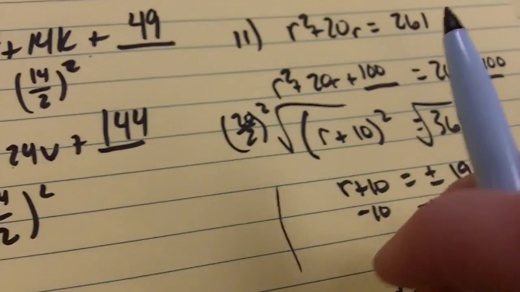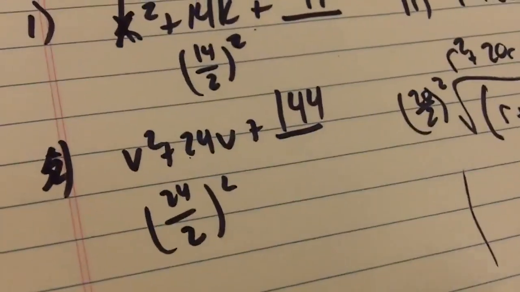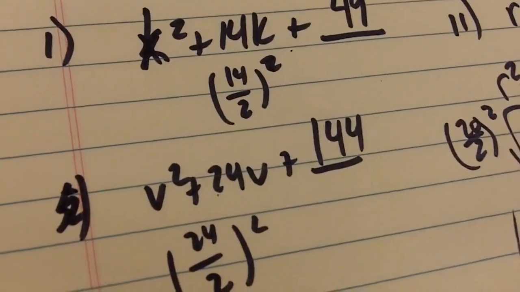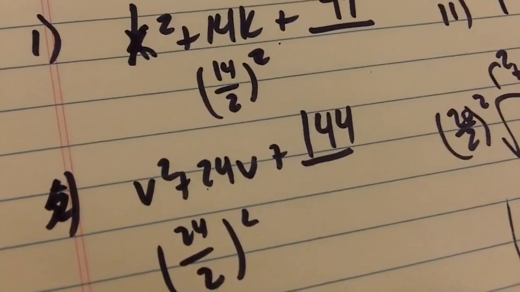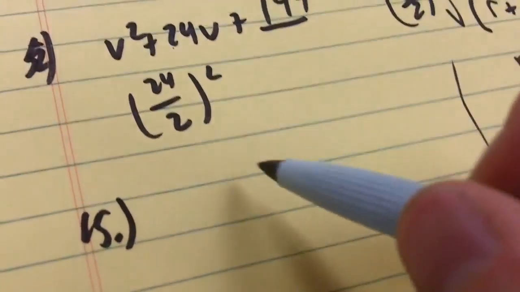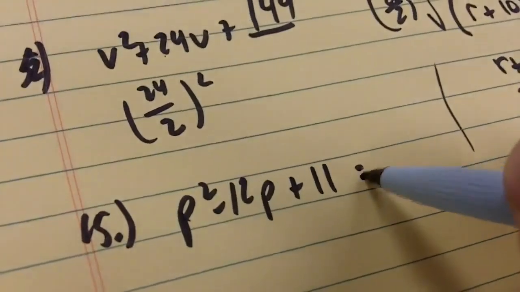We can do more of these. You also had to do number 13 and 15. How about 15? Because I didn't do that one either, so we'll skip to 15. 15 said p squared minus 12p plus 11 equals 0.